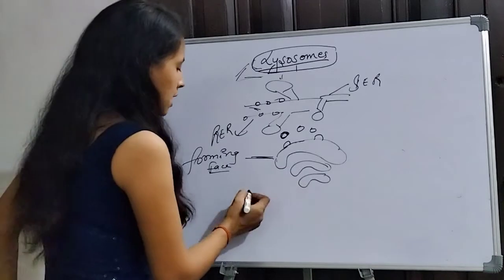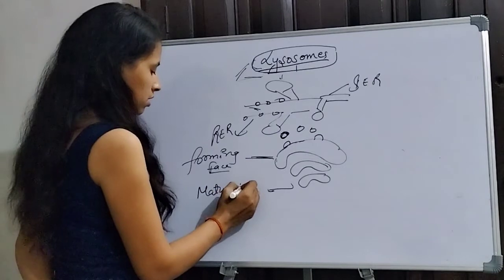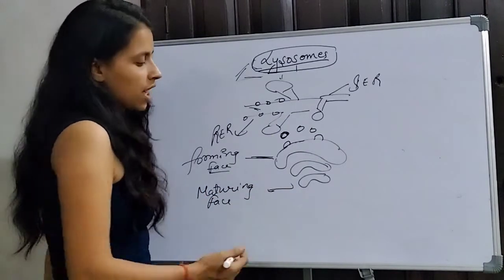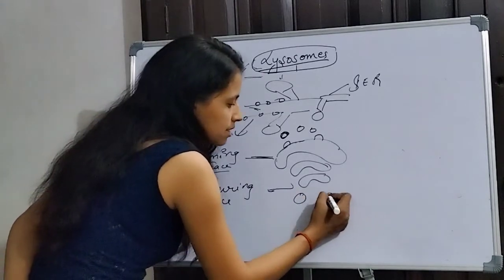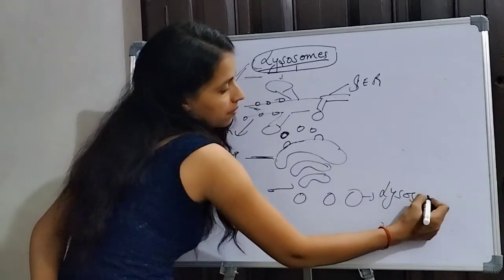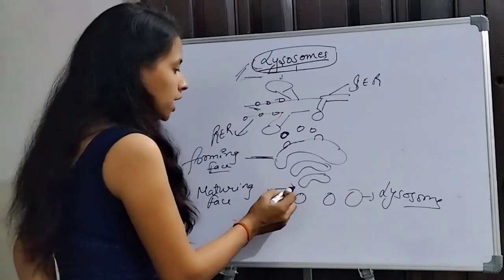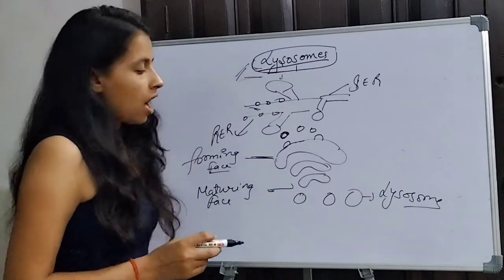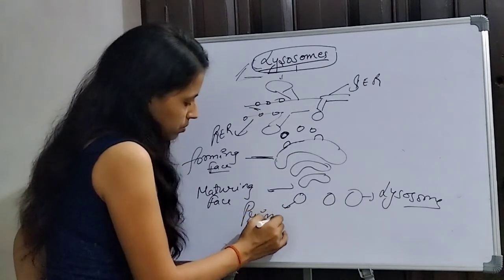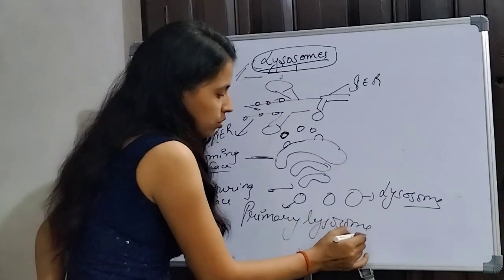When the packaging is complete, from the maturing phase, they are transferred into the cytoplasm in the form of vesicles. These vesicles we call lysosomes. When newly pinched-off vesicles are formed, we call them primary lysosomes.